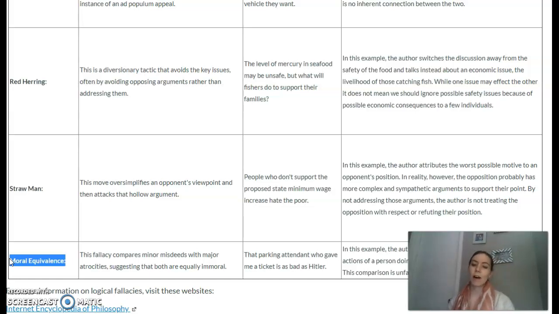And so basically with this fallacy, some minor issue is related to a larger issue. We probably saw this a lot with the Me Too movement, right? We talked about in class Joe Biden, right, rubbing women's shoulders, comparing that to Harvey Weinstein, who was actually just convicted of rape, right? That would be a moral equivalent fallacy.